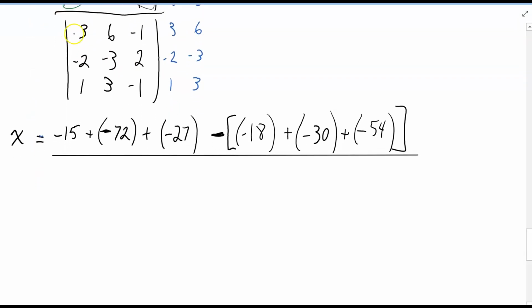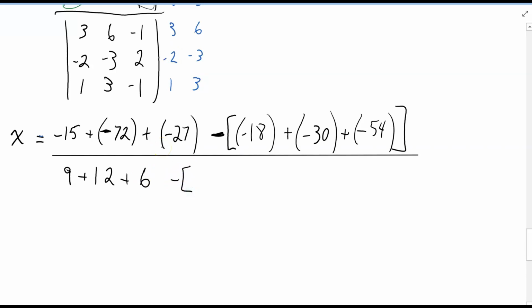So the first principal diagonal, 3 times -3 times -1. This is 9. Add to that the next principal diagonal, 6 times 2 times 1, which is 12. Add to that the third principal diagonal, -1 times -2 times 3. This will be a +6.